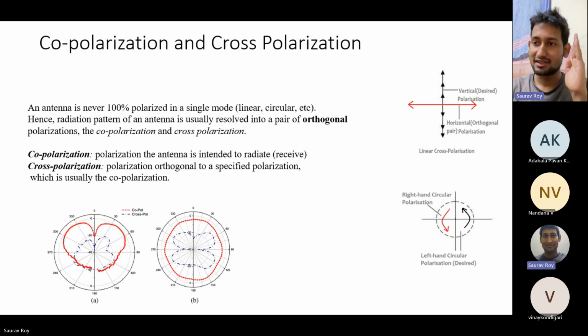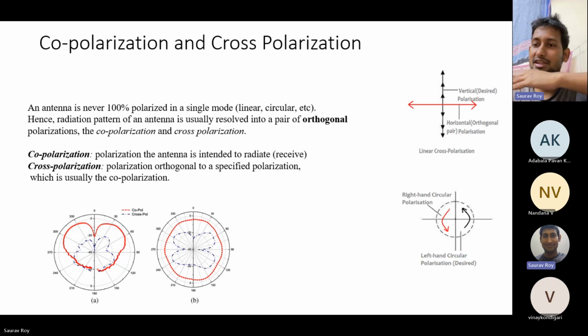Because for an antenna like this, we have two planes, the E plane and the H plane. The E plane will be like this, and the H plane will be like this. For our test antenna, we have to measure in both of these planes.